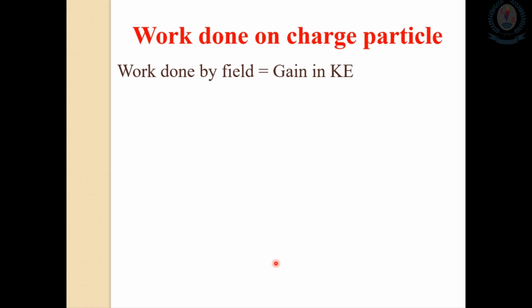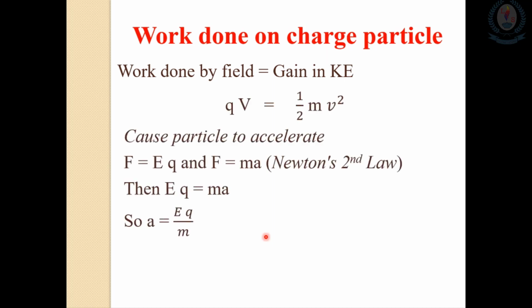So when work is done on the charged particle by the field, where does this energy go? Energy goes to a gain in kinetic energy of the charged particle. That is obvious. So we can have this equation: work done is potential difference times charge, and it is equal to the gain in kinetic energy.